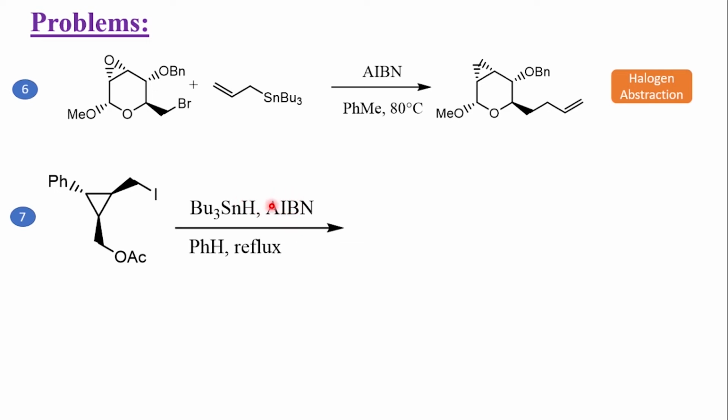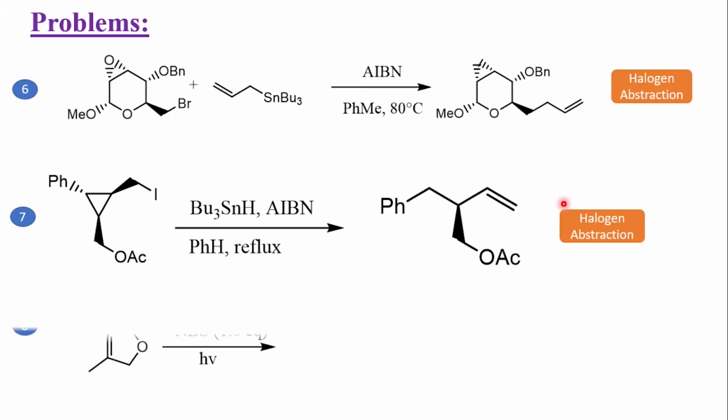This AIBN abstracts this proton, this tributyl tin radical abstracts this halogen. After that, this alkyl radical will form. This radical undergoes resonance to form a new compound. This is a type of halogen abstraction. This is also not a named reaction. This is also a selective reaction.